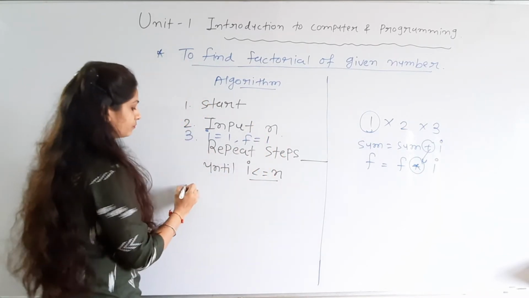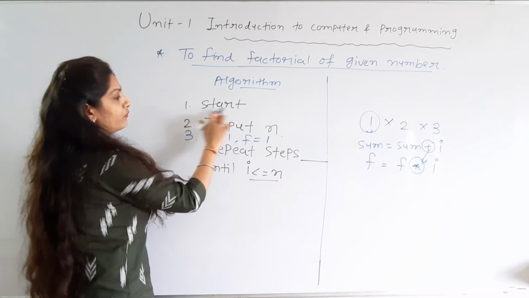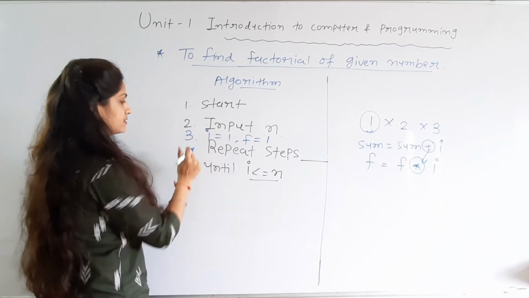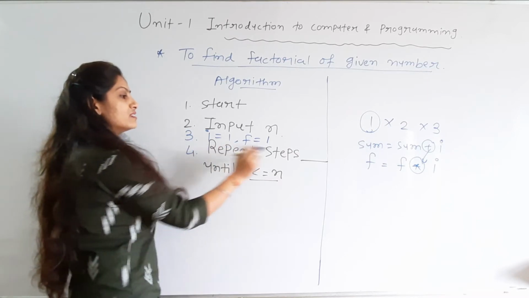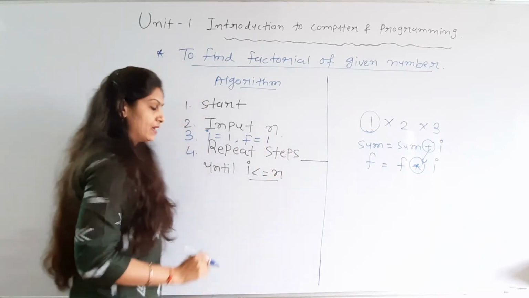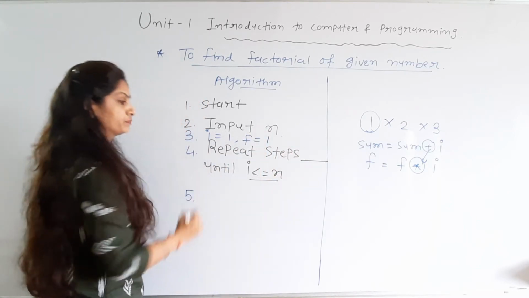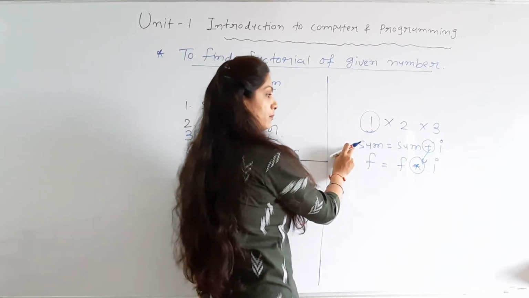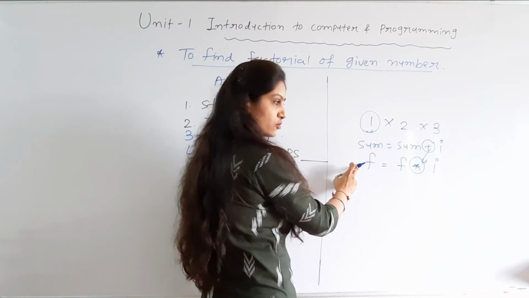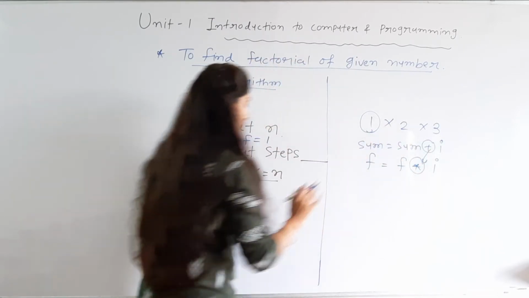Clear? Now first, second, third, and this is now our fourth step, that is repeat. How many steps we have to repeat? Keep it blank. Now fifth step. Which formula we have to write? In a sum, instead of sum now factorial, instead of plus multiplication.